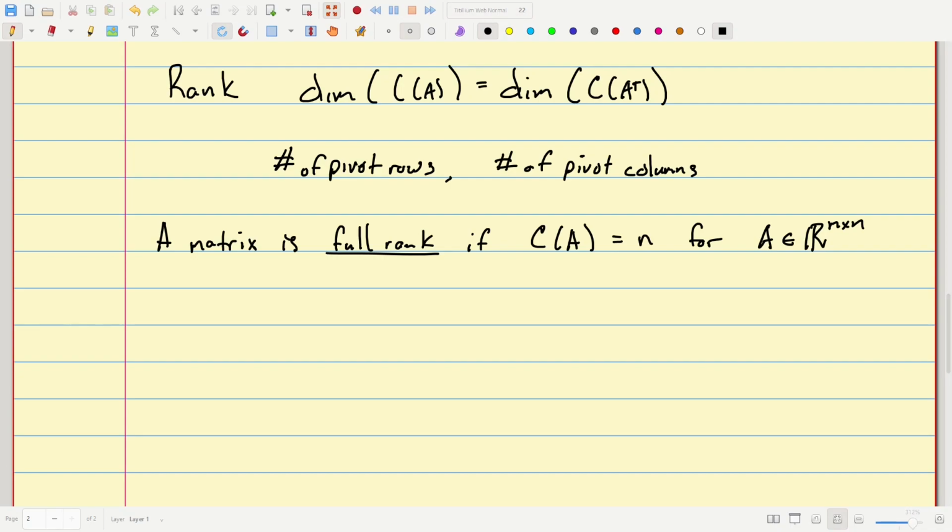All right, now there's a very important theorem. We have an m by n matrix.